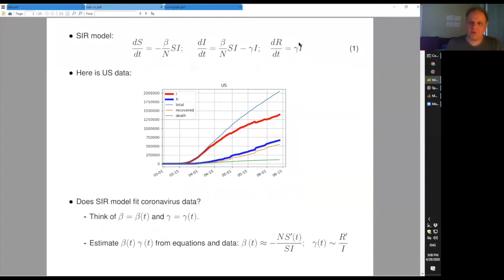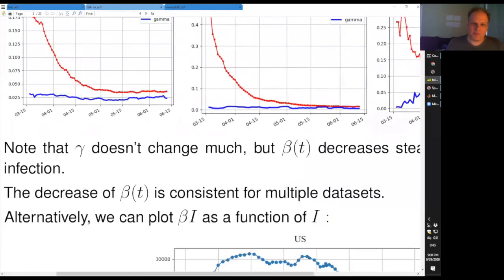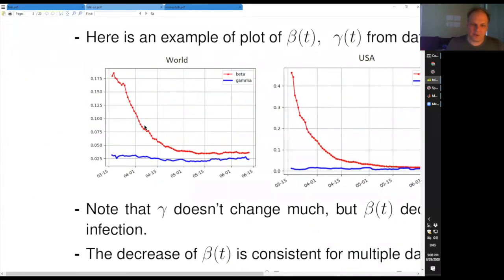So here we solve for gamma: gamma is R prime over I. And here's what happens when we do that little exercise, okay? Here I have three graphs. This curve is beta as a function of time, the red one. And the blue curve is gamma, the recovery rate. What can be seen is that this rate gamma is roughly constant.